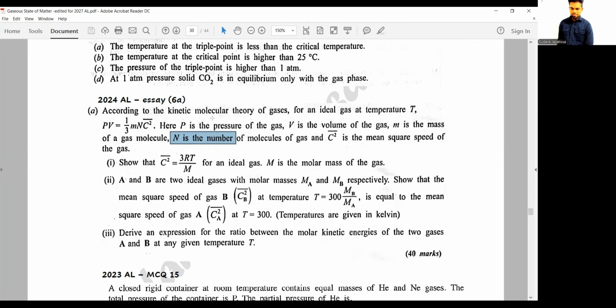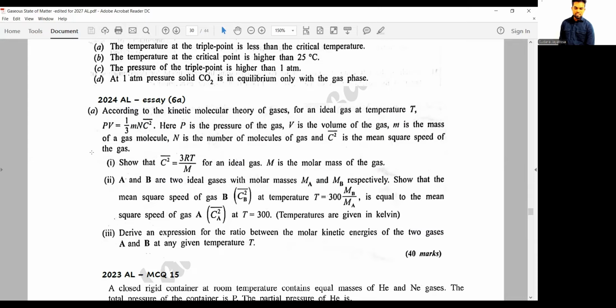Then c square bar, something we learn under gaseous state speeds, is called the mean square speed. It is the square of the c rms. They are asking us to show that c square bar equals 3RT over capital M for an ideal gas, where capital M is the molar mass of the gas.